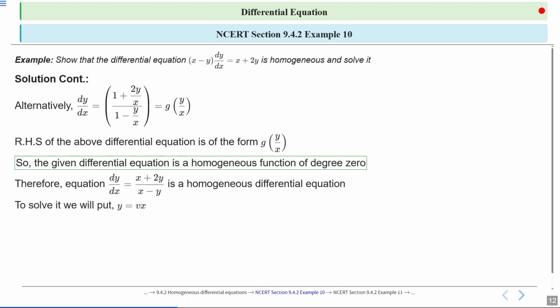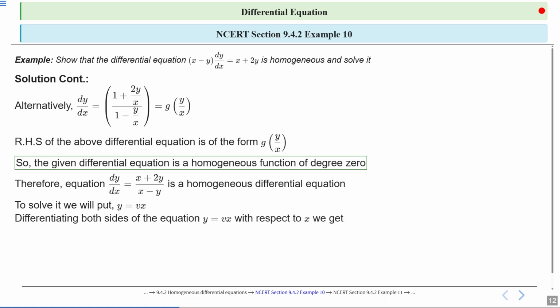Now, in the second step, we substitute y is equal to vx so that the given differential equation is transformed into a form in which we can separate the variables, because then we can apply the variable separable method.